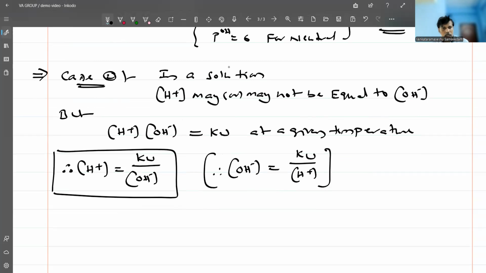That means here I can't say directly that H plus ions concentration is equal to OH minus ions concentration, that is directly equal to square root of Kw. Here I can't say.